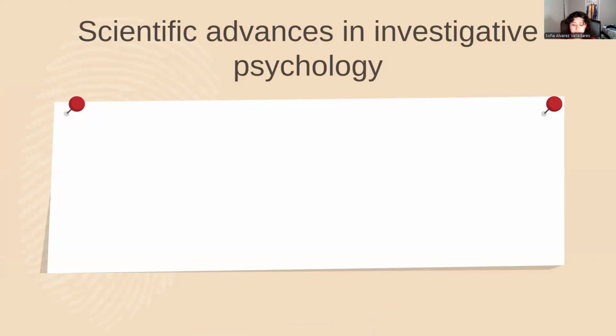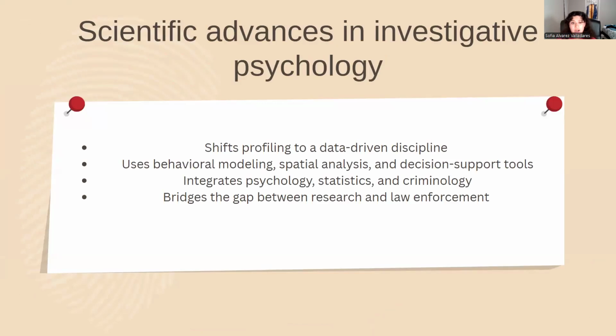Scientific advances in investigative psychology have developed over time. Criminal profiling has evolved, especially with the rise of investigative profiling and how we use the discipline, with emphasis on empirical research, psychological theory, and data set analysis to draw conclusions about offenders.